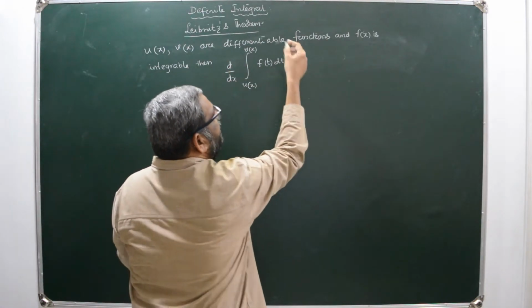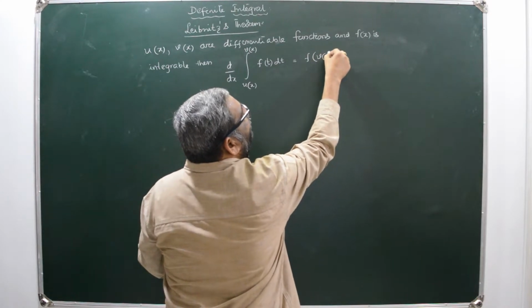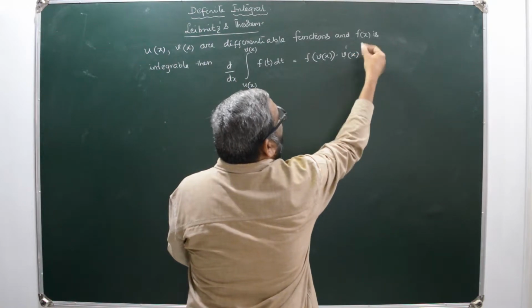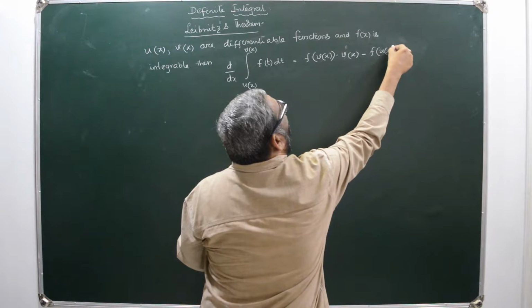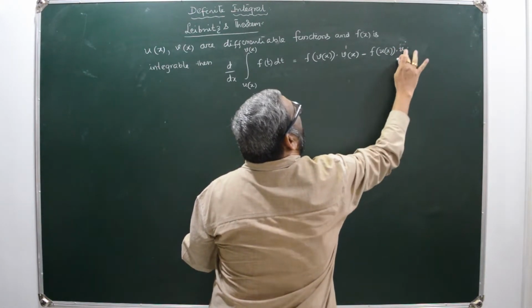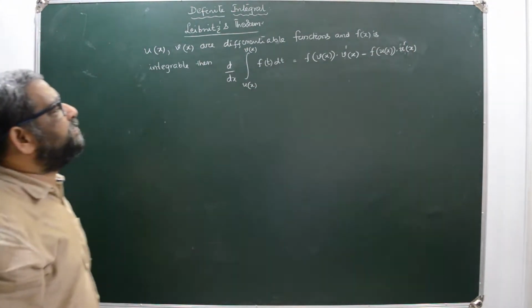This can be considered as f of the upper limit v(x) into the derivative of the upper limit v'(x), minus f of the lower limit u(x) into the derivative u'(x). This is the formula for the Leibniz rule.